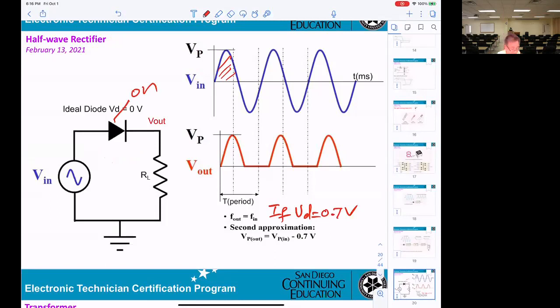And when I say on, it must be substituted by a battery. And the value will be 0.7 volt.